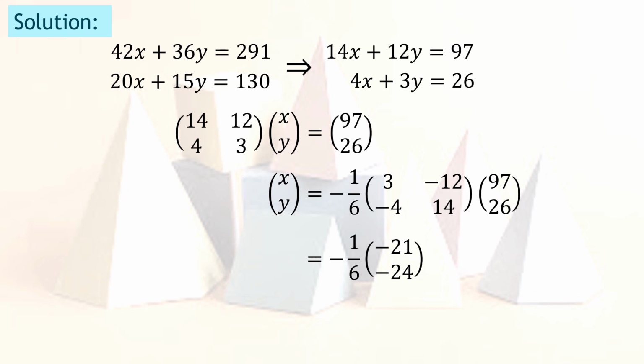So when you are multiplying, be very careful. Row times the column, row times the column. So from here, negative 1 over 6 times negative 21 is equal to positive 3.5. And then negative 1 over 6 times negative 24 is positive 4.